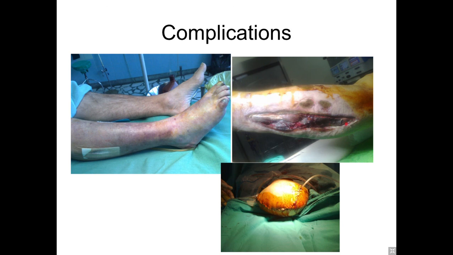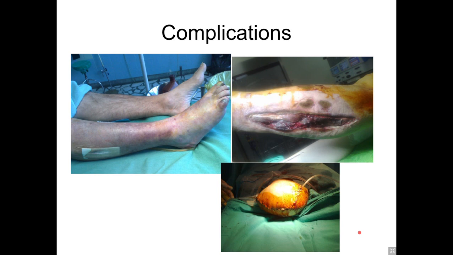Fasciotomy decreases the tissue load, tissue pressure, and in this way will benefit the general perfusion of the limb. But it doesn't work in this case. And finally, we perform amputation of the thigh.